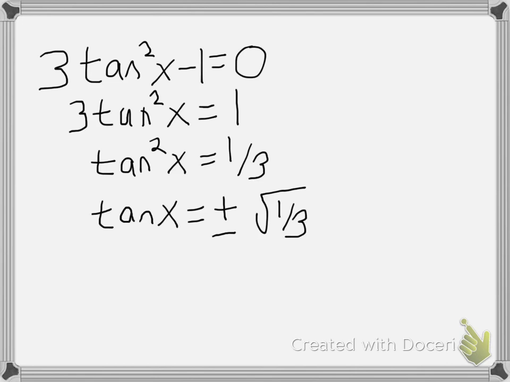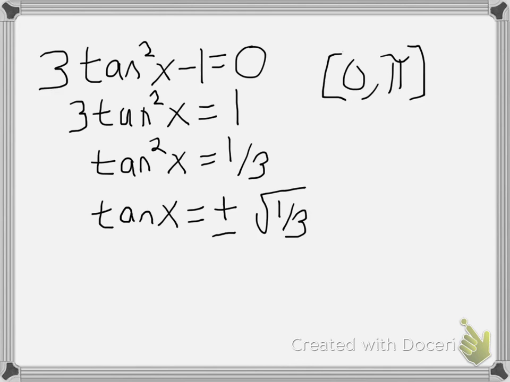Okay, first off, we have to remember that the tangent has a period of just pi. So now we are just looking for our interval to be within 0 to pi. Okay, and keep in mind that 0 and pi will not be necessary. Well, never mind, I won't say that at this point.